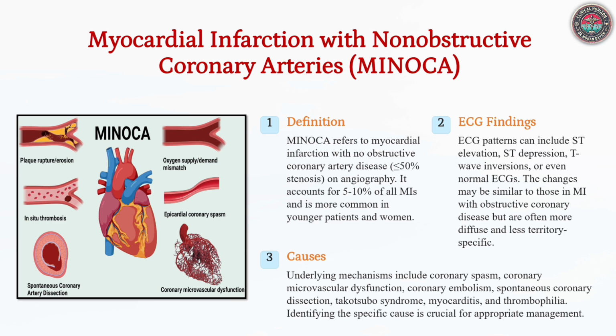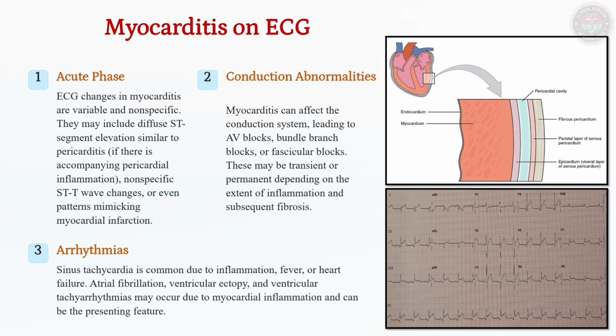Myocarditis on ECG. Acute myocarditis, an inflammatory condition of the myocardium, produces a diverse array of ECG abnormalities, often resembling acute coronary syndromes. ST segment elevation, T-wave inversion, and PR depression may be present, reflecting myocardial inflammation and injury.